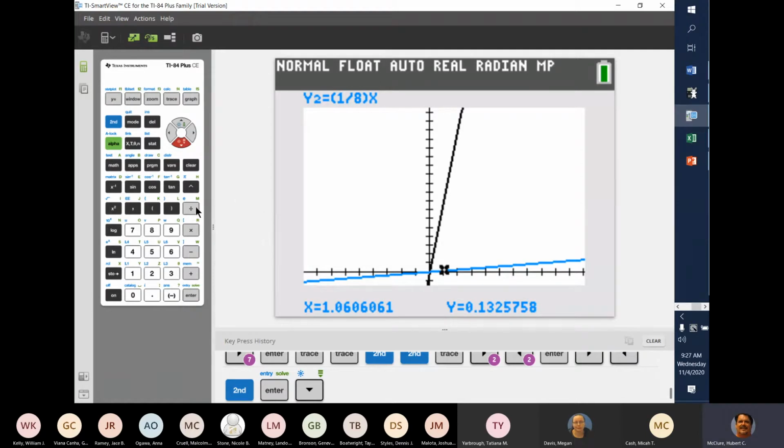let's see, trace. .48. Somebody notice anything?